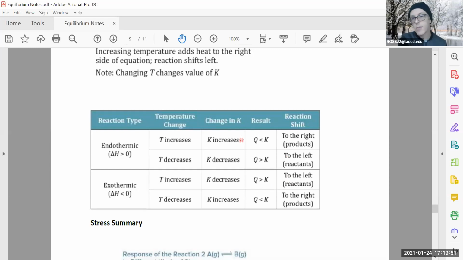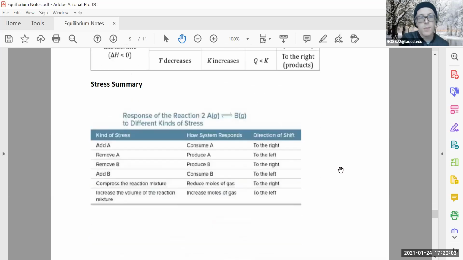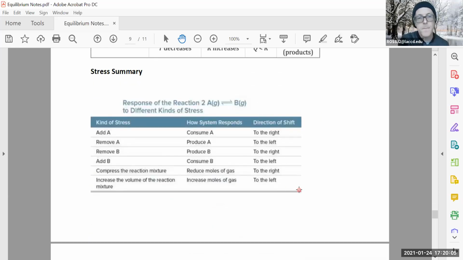So take a second to think about what I said then, and look at what's in this diagram here. And in the next video I post, there'll be some example calculations, no doubt. Here's a nice summary of the stresses that we've talked about. And as you look at these stresses, just bear in mind that you always move away from the stress.